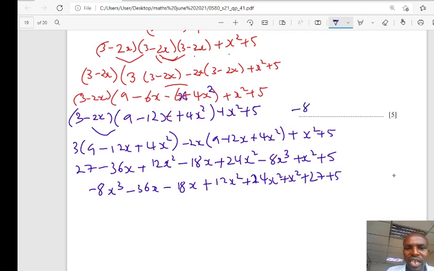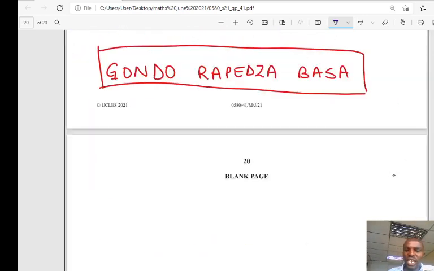Then the answer will be minus 8x cubed plus 37x squared minus 54x plus 32. 27 plus 5 is 32. That will be your final answer. Then you can say done.